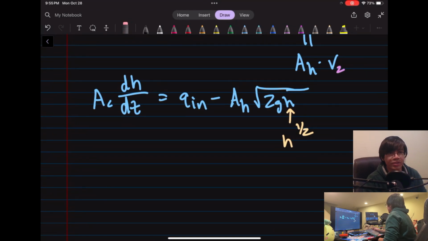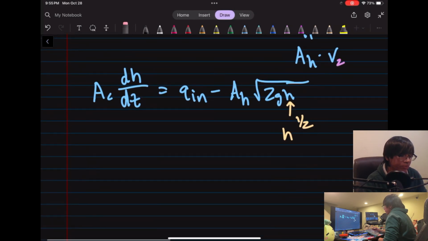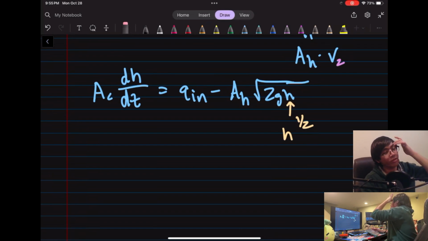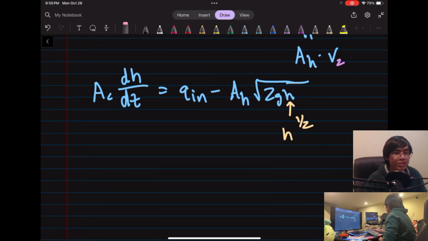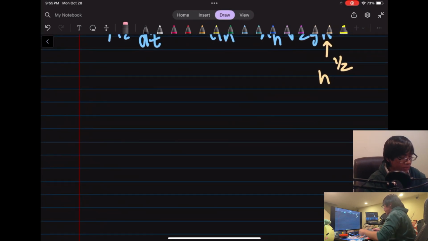Yeah, we'll just say constants and have to be linear. So essentially what I mean to say is that we need to linearize this expression. In doing that, we'll have to approximate this dependent variable using a Taylor series expansion.